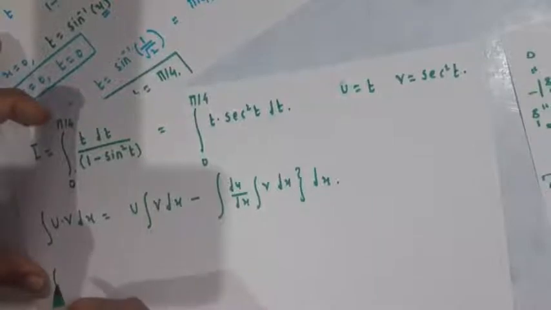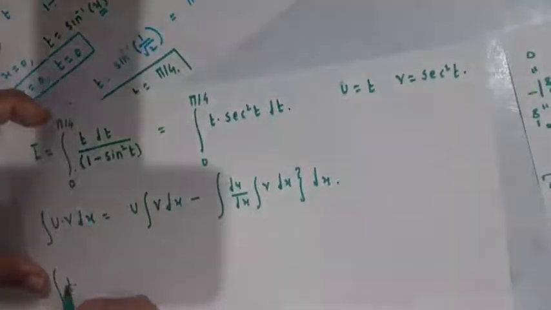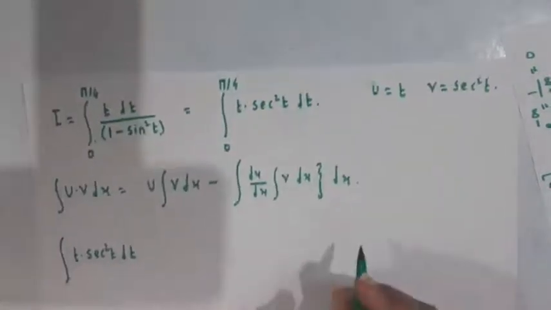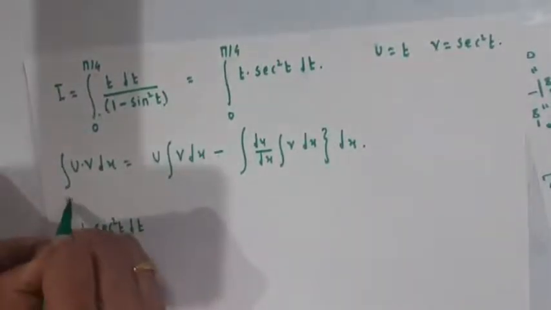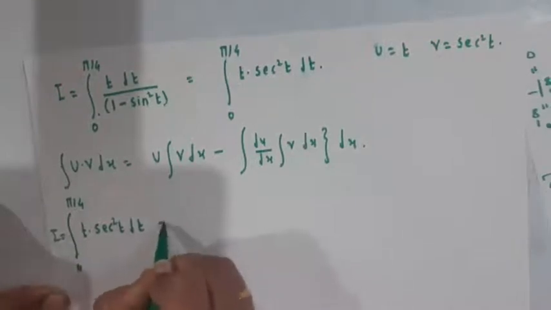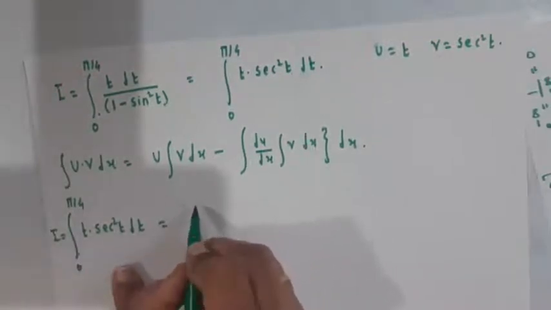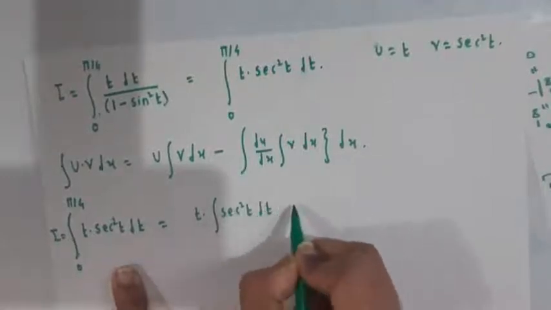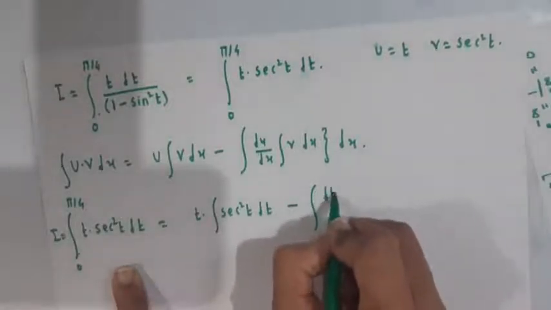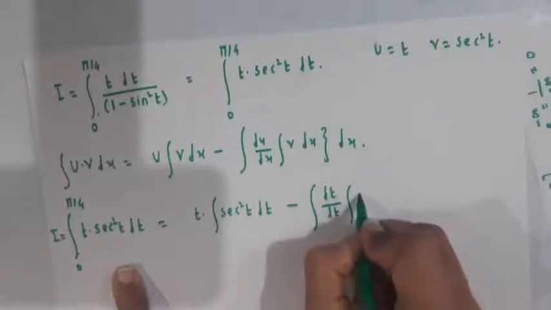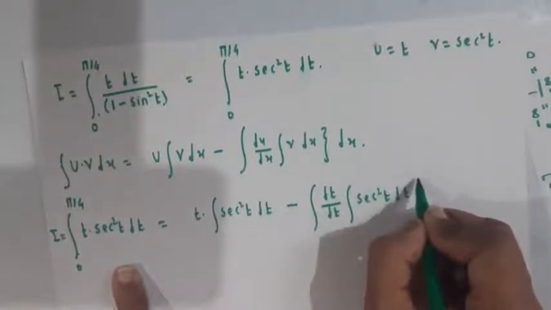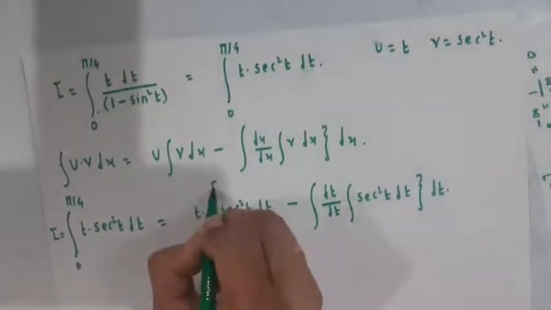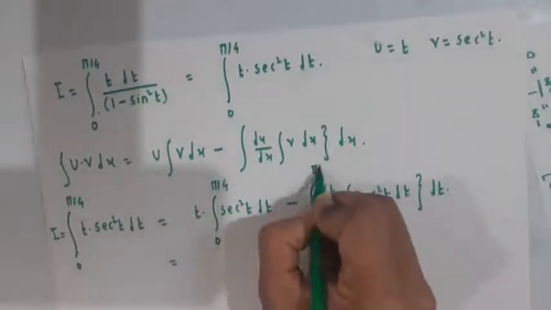So now integration of t into sec square of t with respect to t, limit of integration 0 to pi by 4, I equals t as it is, integration of sec square of t with respect to t, minus integration of the differentiation of t with respect to t, integration of sec square of t with respect to t, and whole integration with respect to t, limits 0 to pi by 4.